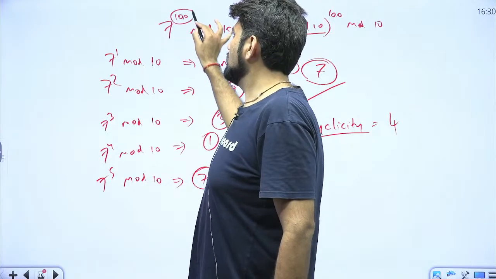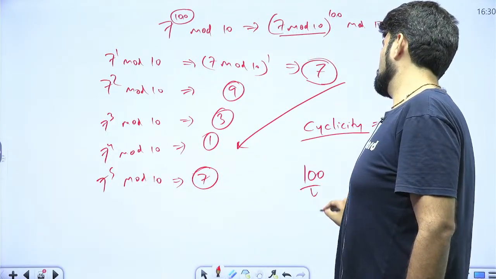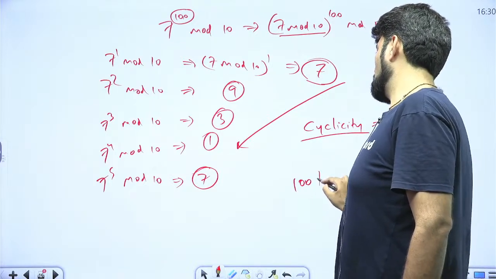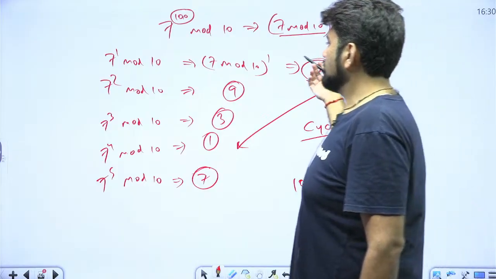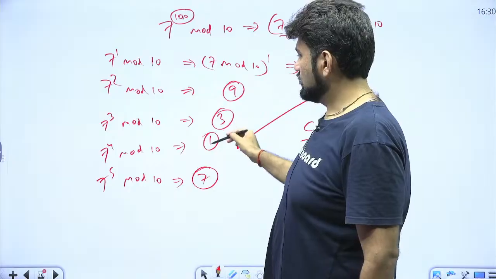So we have power 100. We will divide this by the cyclicity. Okay, what is the remainder? Remainder is 0. That means whatever the remainder is will correspond to this: 1, 2, 3, 4. These are the 4 cyclicity.